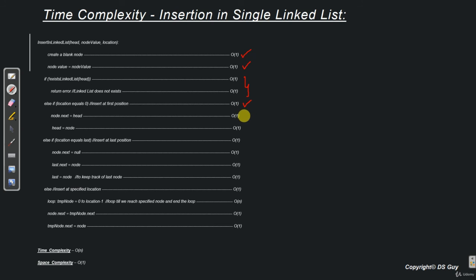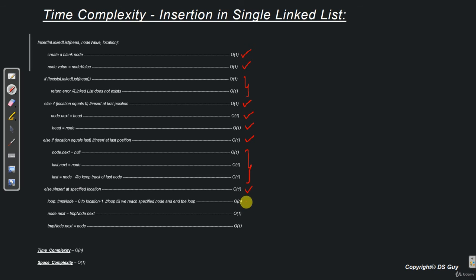Updating the reference of a node is a constant time operation. Updating head reference is a constant time operation. Checking of an else statement is a constant time operation. Updating some of the reference variables is again a constant time operation. Else statement is a constant time operation.